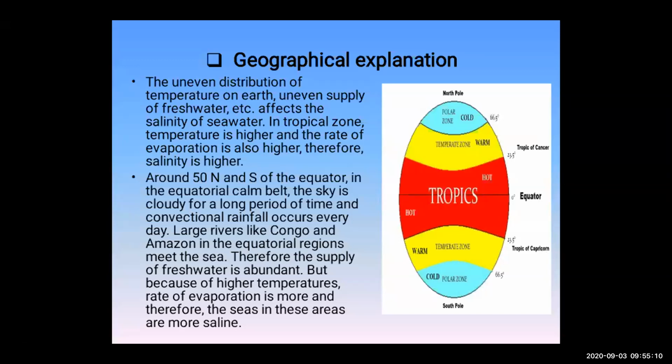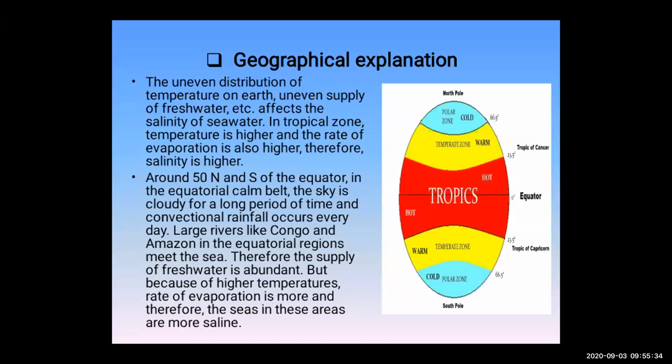Next, they have explained that large rivers like the Congo and Amazon in the equatorial region meet the sea. As the rivers meet the sea, they bring fresh water, and the supply of fresh water is abundant.